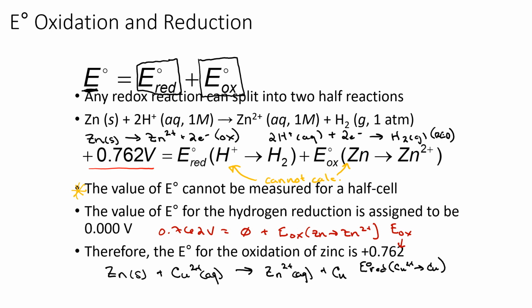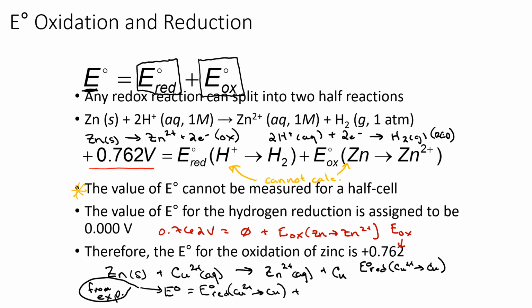Well, I could hook up this entire reaction to a voltmeter, and I would get some E naught from experiment. I'm going to get an E naught from an experiment that's equal to our reduction for our copper 2+ to copper plus the oxidation.